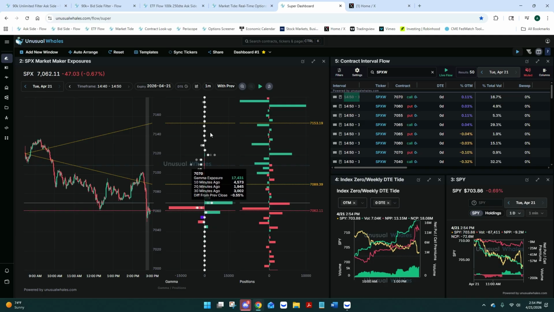You can see how all that positioning above is pretty much gone now. We do have a little positioning at 70-75 and 70-80, so maybe a quick pop in the last 5 minutes, but again, I'm not trading 0 DTEs into close.